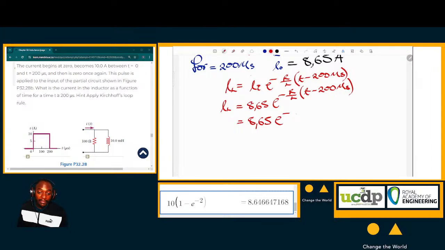Anyway, you still have the values for R and L. If you substitute R and L in that place, you get 10,000. We worked it out earlier on. So that becomes 10,000 times T minus 200 microseconds. Okay, so essentially you're done.